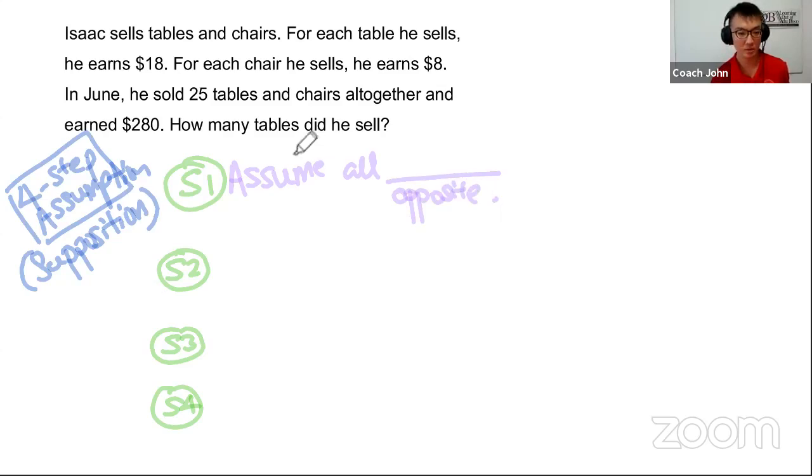Meaning that if they want tables, here will be chairs. The reason is because when you assume the opposite, your answer here will be what you want. So this is shortcut number 1.